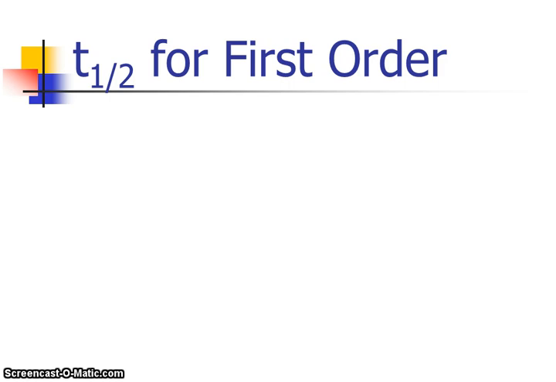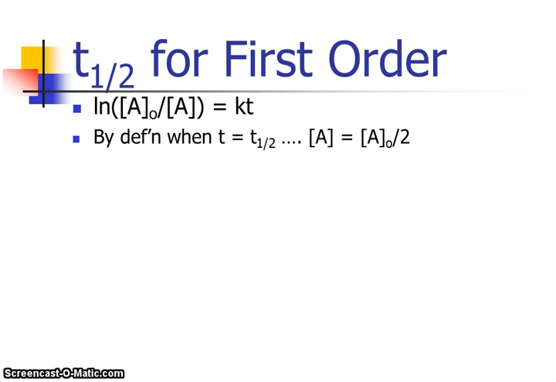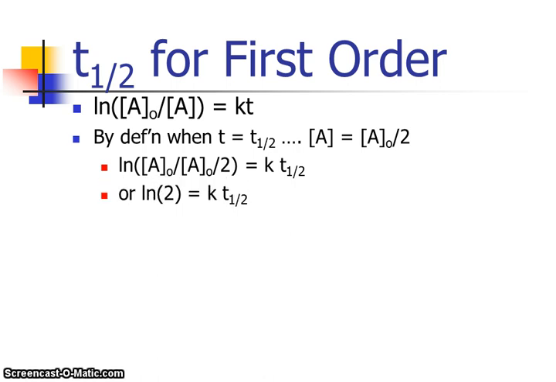So if we look at the half-life for a first order reactant, and we use the natural log of A initial over A final equals KT, and we know that our time equals whatever our half-life is, that means that if we take our initial concentration and divide it by 2, that will give us our final concentration. If we plug those values in, our initial concentrations of A will cancel out. We're going to get the natural log of 2 equals K times our half-life.